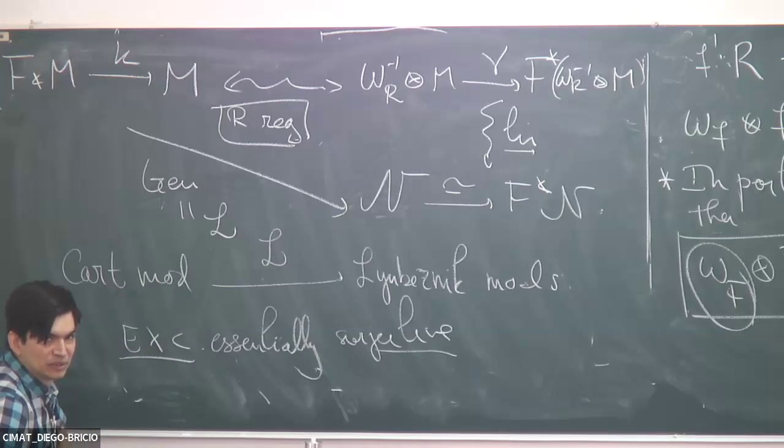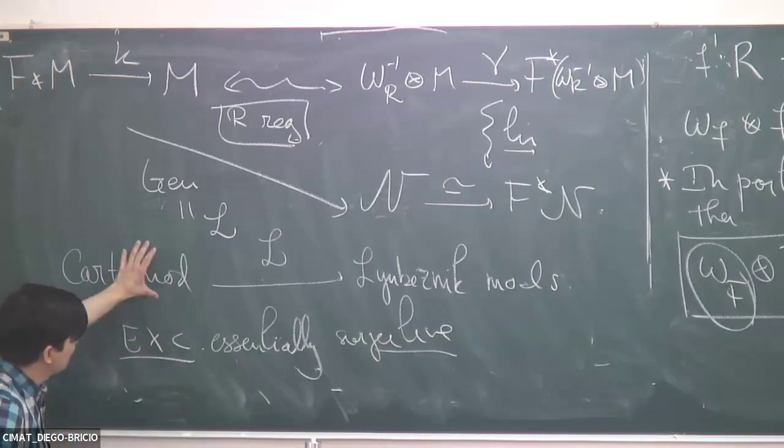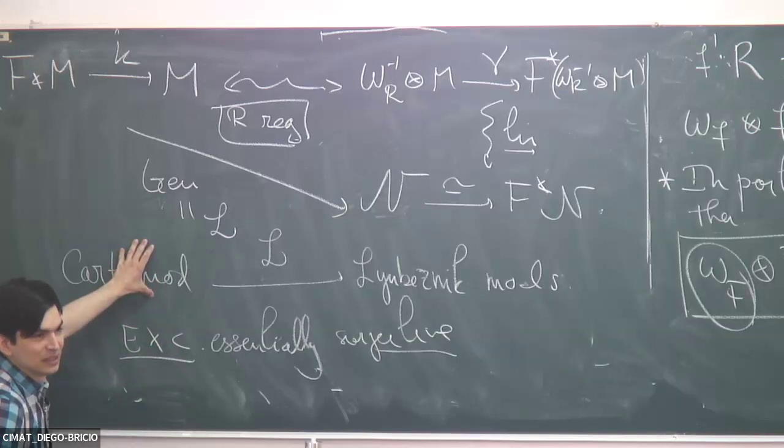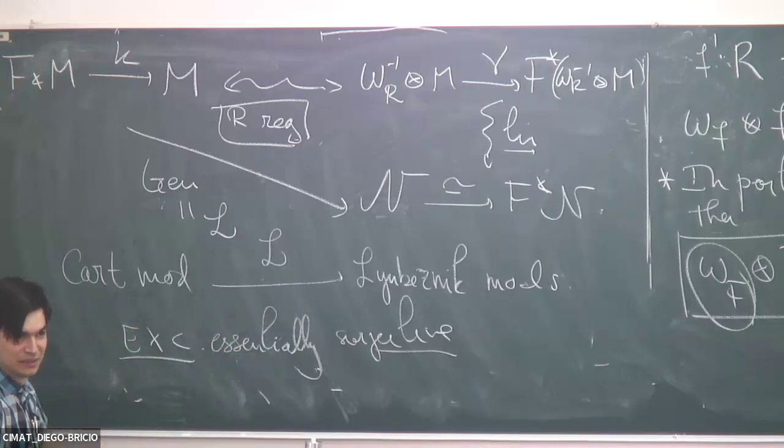Can we lose information in this process? What is the information that can be lost? Nilpotency. If you start with a nilpotent Cartier module, you get the zero vesting module.